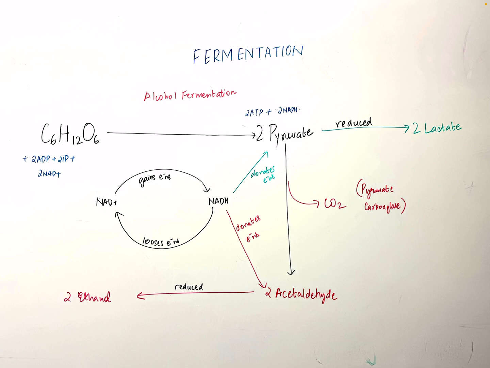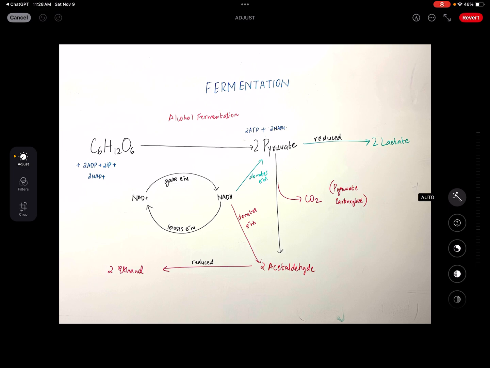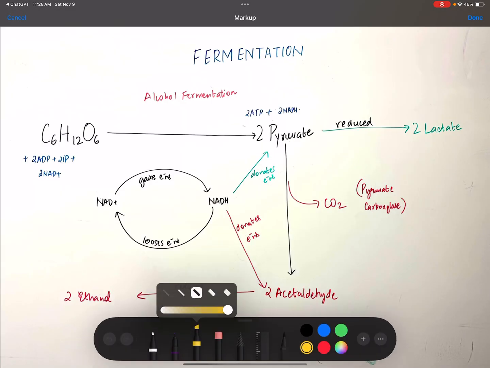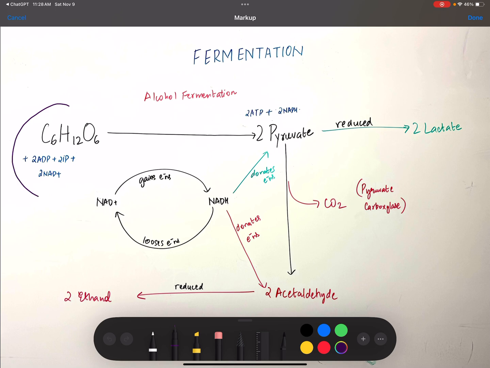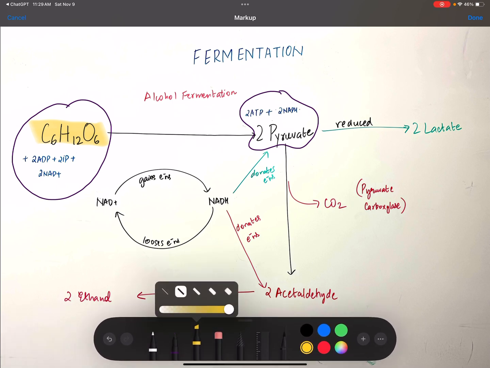Obviously, in the first step, we know that glucose is converted to pyruvate, and we have the reactants, which I will circle. So these are the reactants, and these are the products in glycolysis. So we obviously have glucose. We also have 2 ADP and 2 Pi generating 2 ATP.